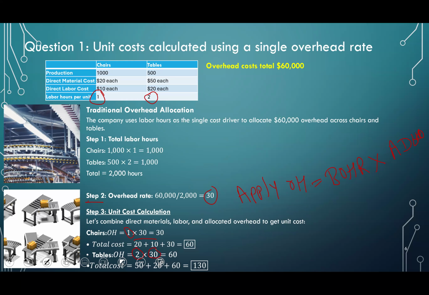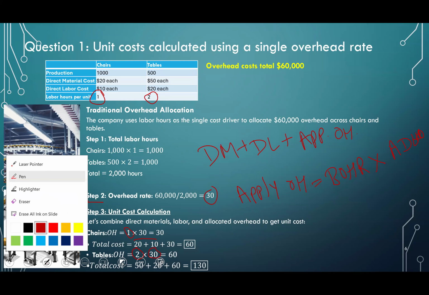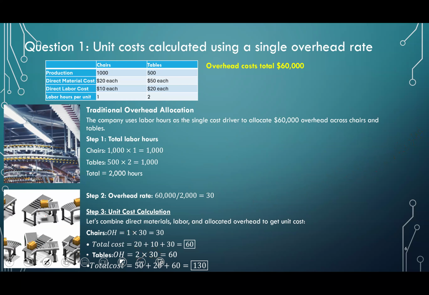Now, third step, I'm ready to put together direct material plus direct labor plus applied overhead for each product and come up with the per unit cost of the product under traditional costing. So this is what I have under traditional costing for chairs. Why? 20 of material, 10 of labor, plus this 30 that I just allocated of overhead.